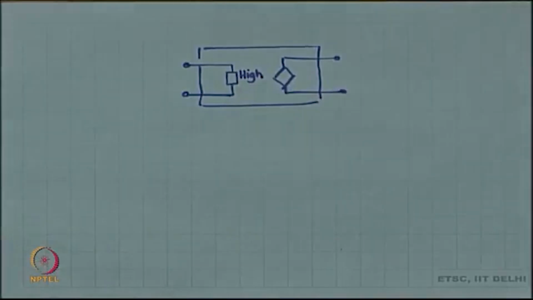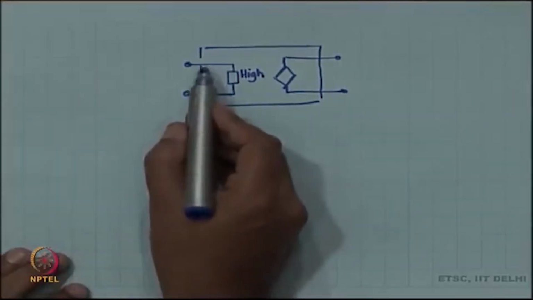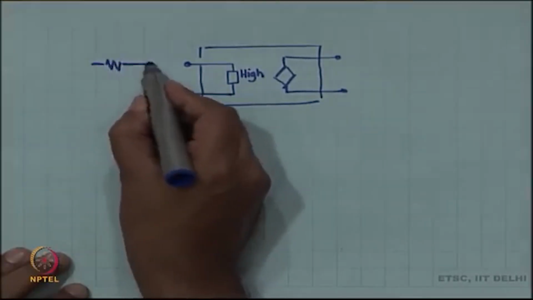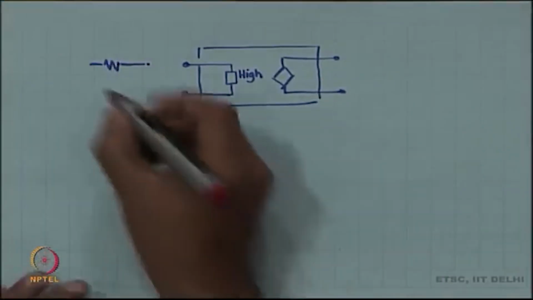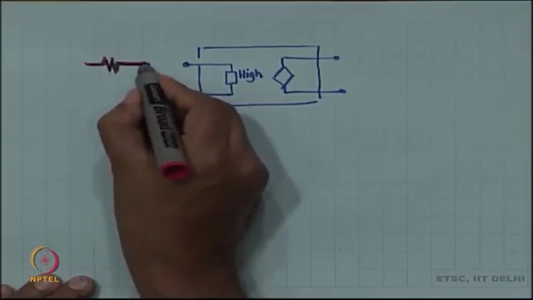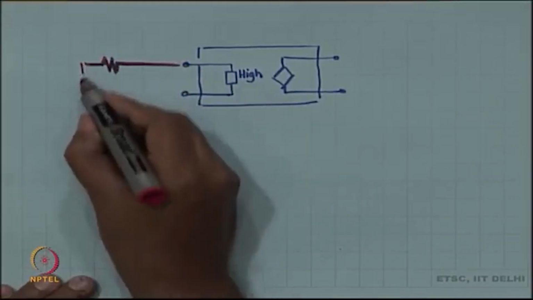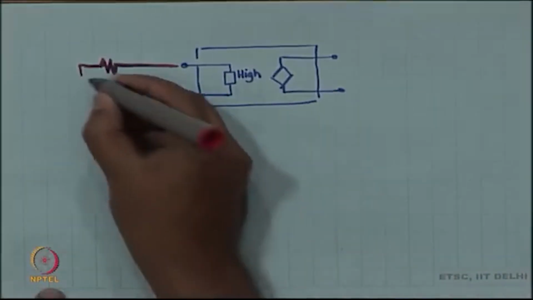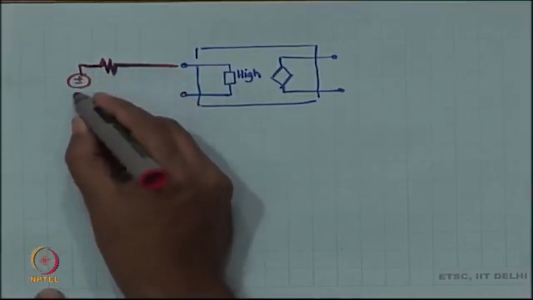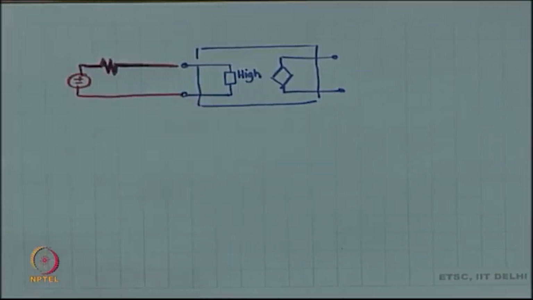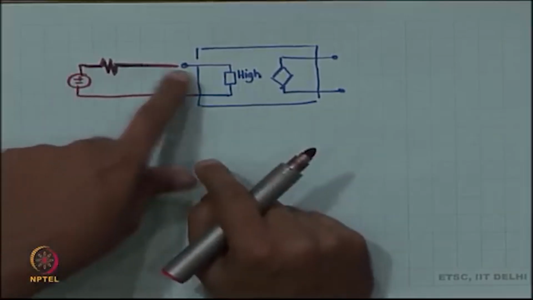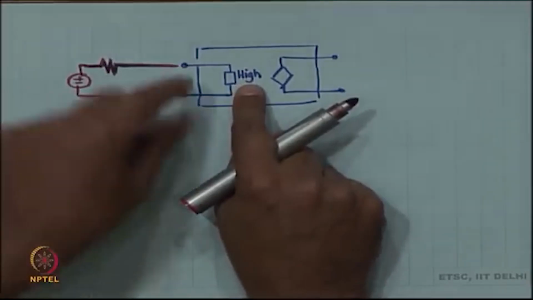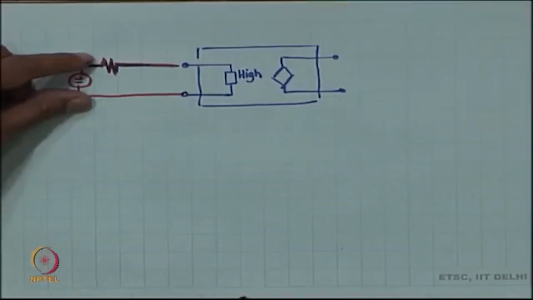Then whatever is driving this node from outside, maybe a voltage source or a current source, it does not matter. If a voltage source is driving the node and this is a high impedance, then this voltage is the same as this voltage.